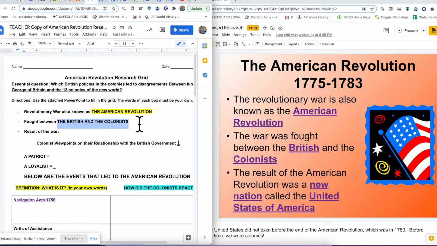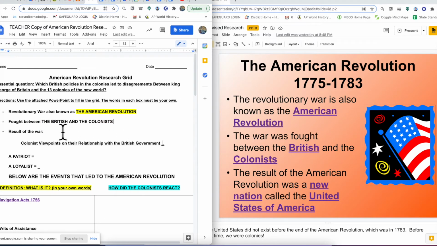Okay? Next, what was the result of the war? Let's look on the right-hand side. The result of the American Revolution was a new nation called the United States of America. Make sure you have that.